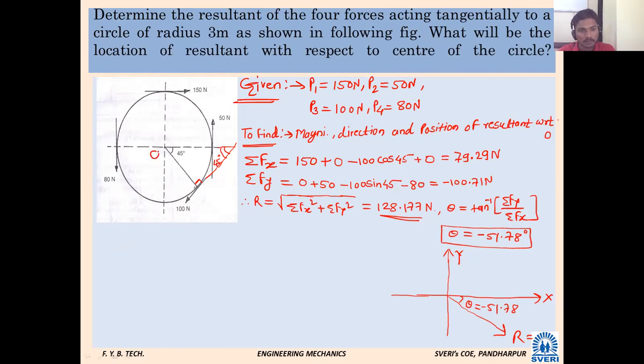Varignon theorem. Here we want to apply Varignon theorem.